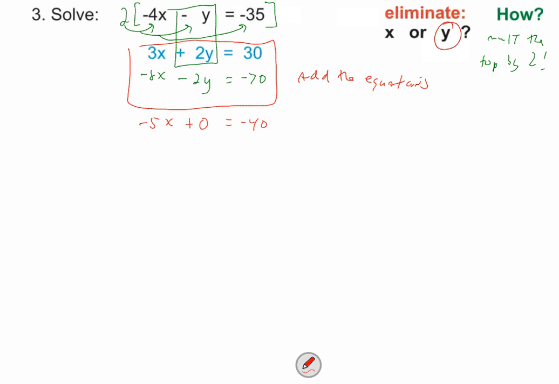Where do we go from here? What would be the next step? Kaylin? All right, good. So Kaylin says the next step is solve for the variable. Right? Solve the equation now for the variable. And she said we're ready to divide both sides by negative 5, right?